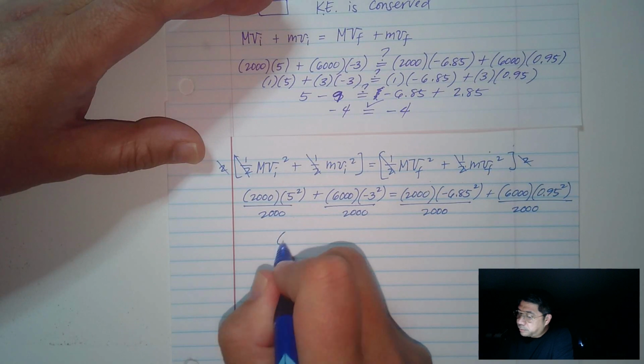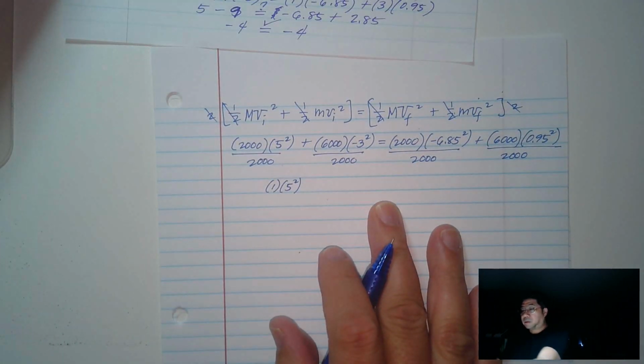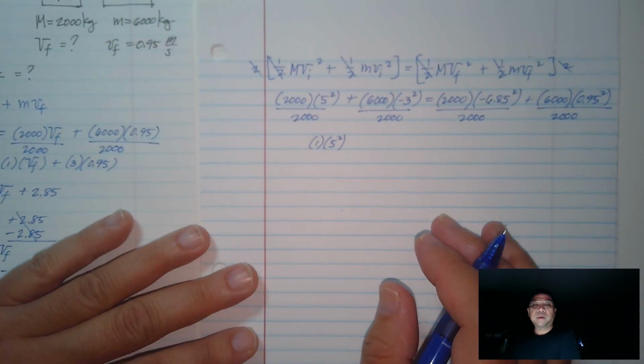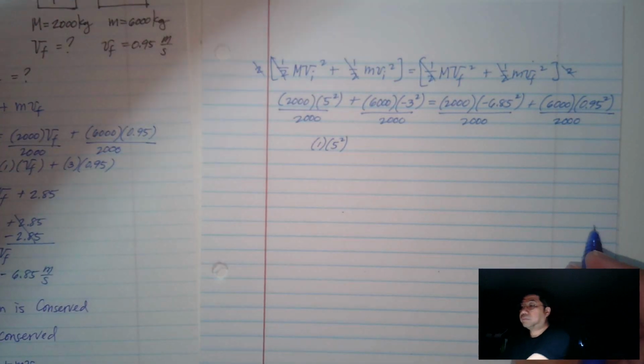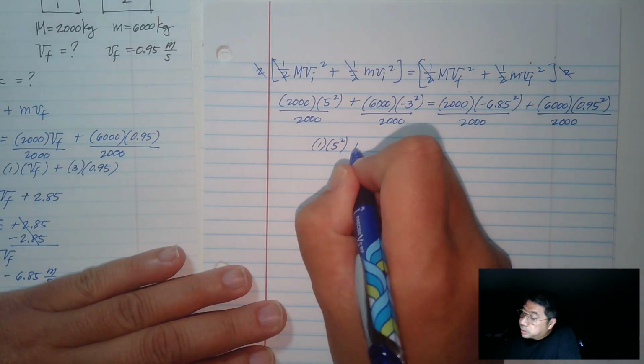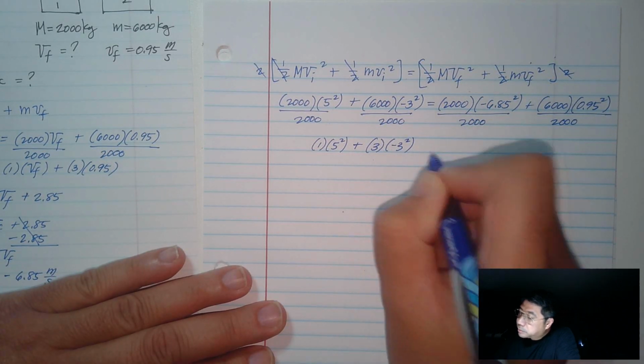So we have 1 times 5 squared. So I think we can move this one on this side. Okay, so now you can see it. Plus 3 times negative 3 squared.